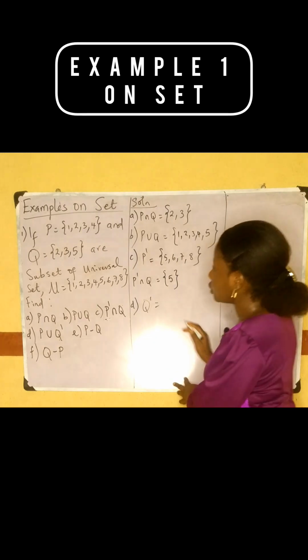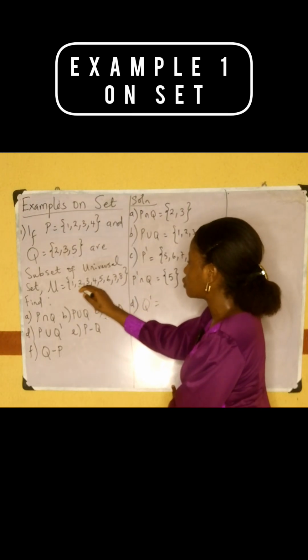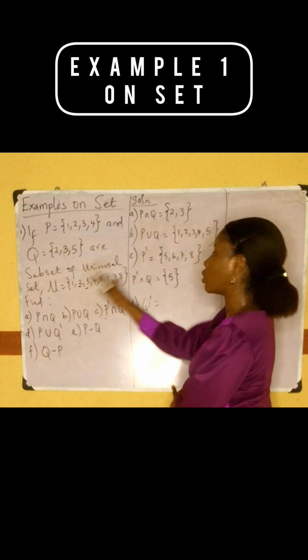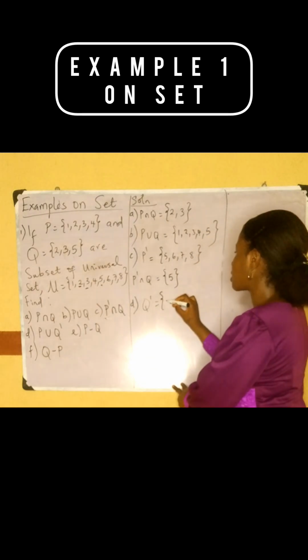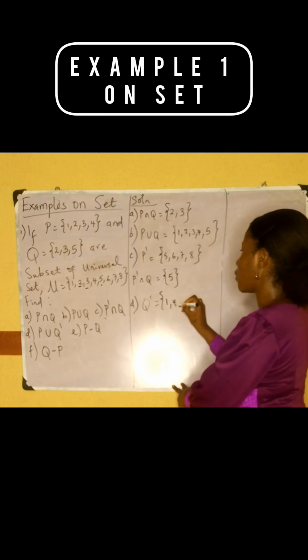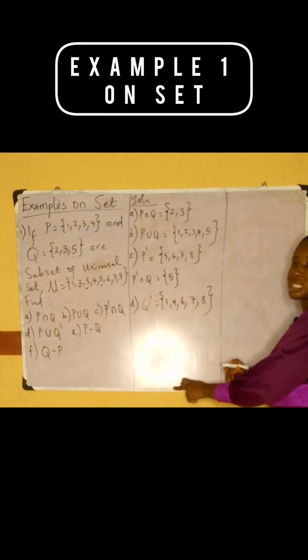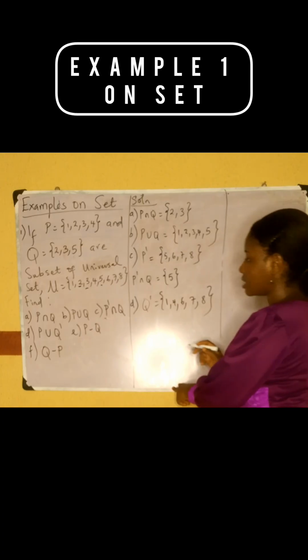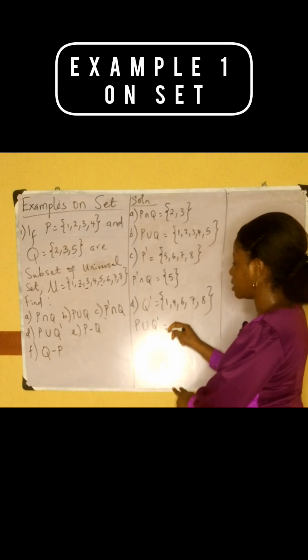Our Q is 2, 3, 5. If we remove 2, 3, 5 from the universal set, the others remaining are our Q complement. So that's going to give me 1, 4, 6, 7, 8. That's my Q complement.